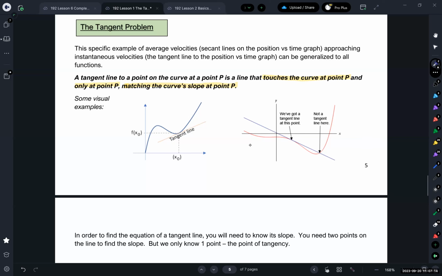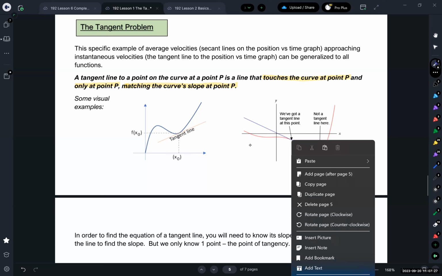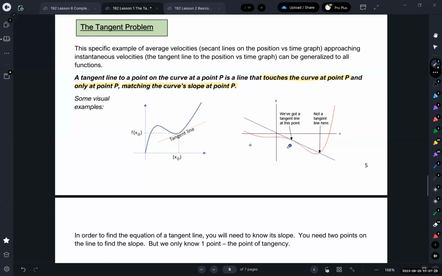If we look at the next picture, you've got the same idea in this tangent line here. It's tangent at this point because it's touching the curve at that one point, and the curve itself is starting to go downhill. So we would expect its tangent line, if it had the same slope, to be a slightly negative sloped line.